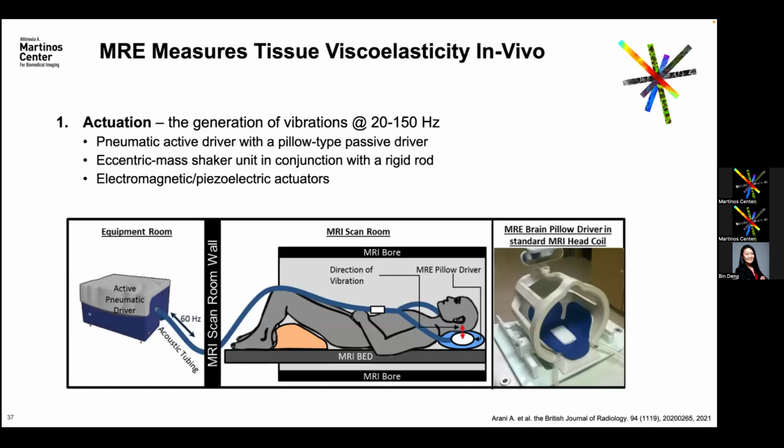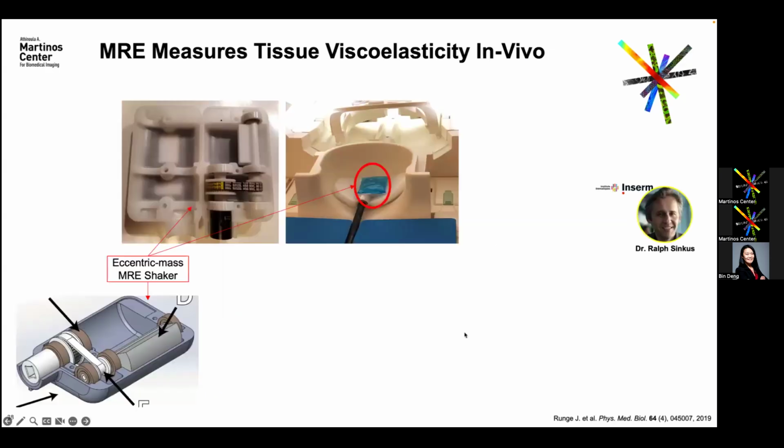So MRE is an MR technique that measures the stiffness of the brain, and it requires external stimuli. If you're familiar with liver MRE, they use a pneumatic shaker that sends compressed air through a tube to underneath the head to shake the head. In our setup, however, we use an eccentric mass.